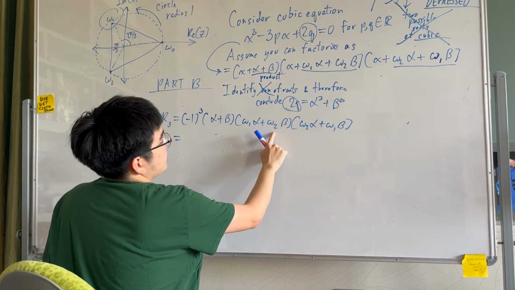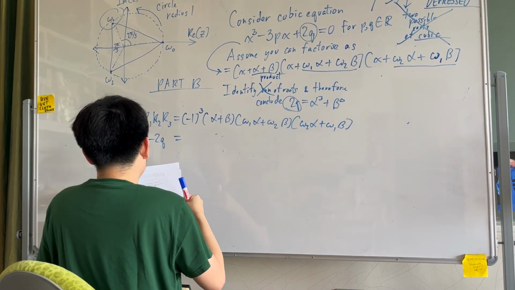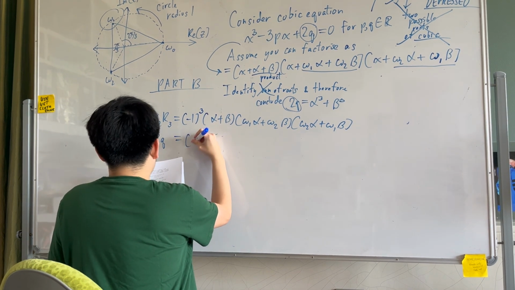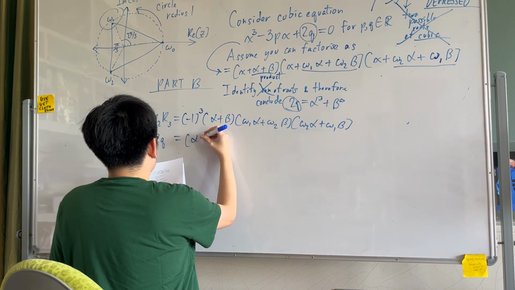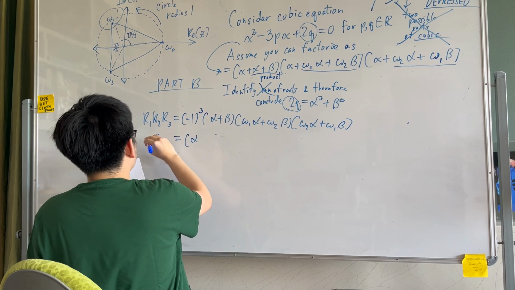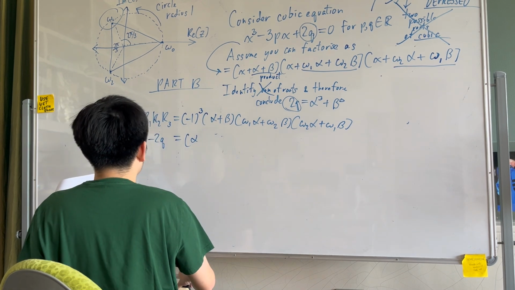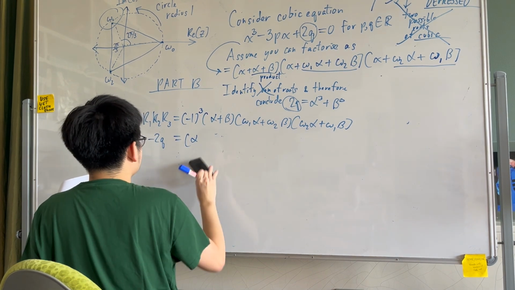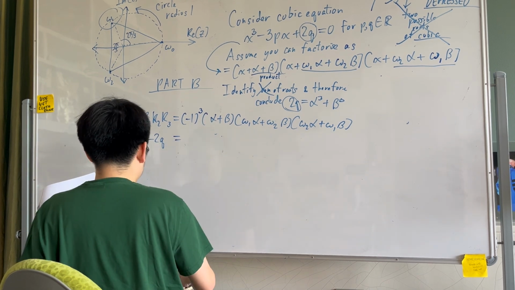Particularly, we multiply this expression with this expression here. So we get alpha. This negative 1 and this negative 2q will cancel here. So I should have the negative 1 right here first.